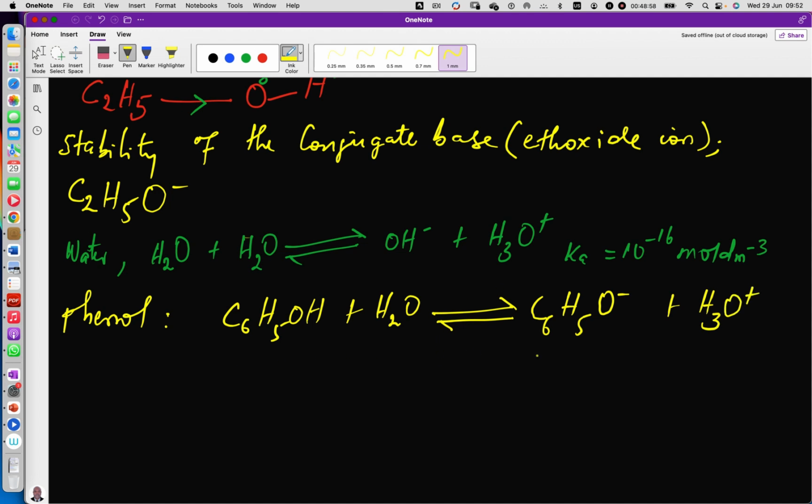It has a Ka of 10 to the minus 10 mole per dm cube.